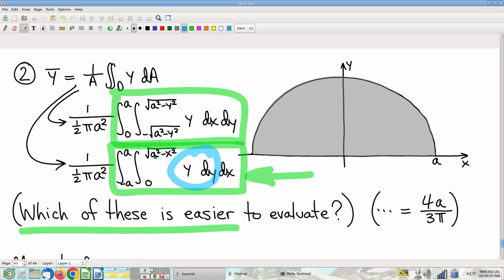But that squared is going to kill this square root, and there are no square roots left, and it's all downhill after that. This is the kind of thing you can be on the lookout for. If you do it the other way, it's not that big a deal. You have to do a substitution, not the worst thing in the world, but I still think it's a little bit easier to do it this way. So always be on the lookout for options, and always consider what's going to make your life easiest.